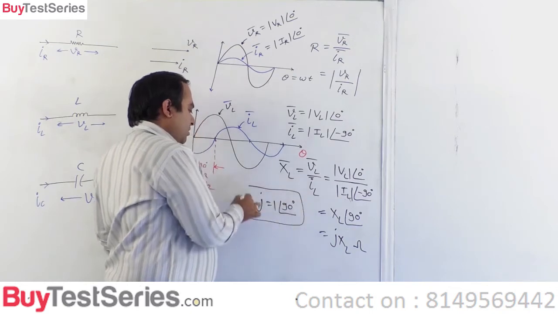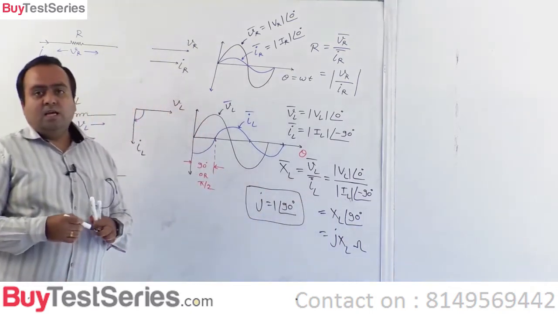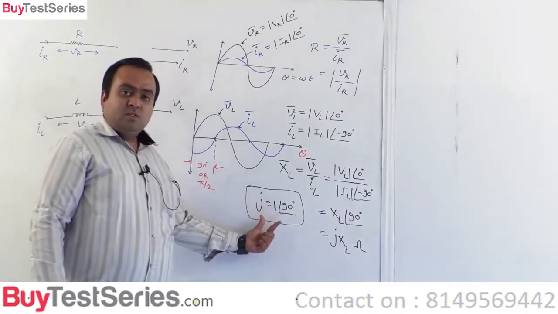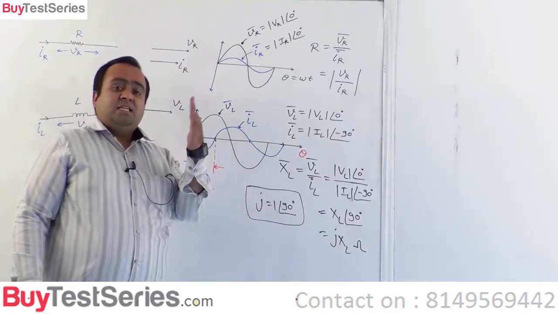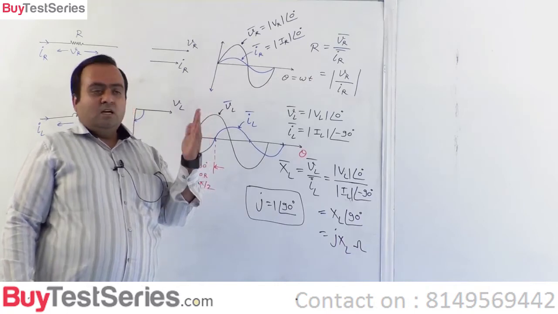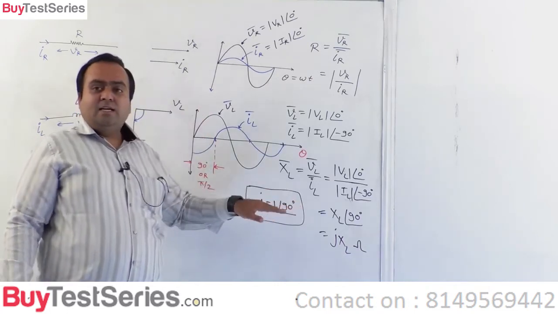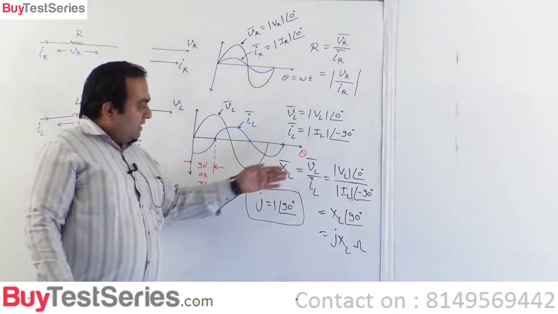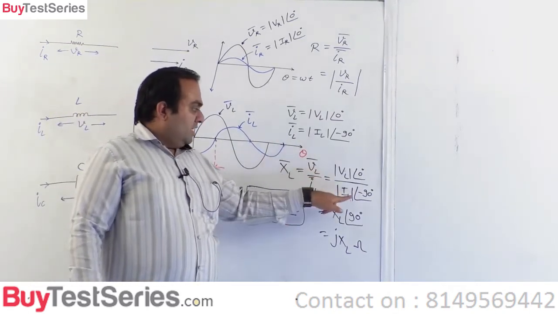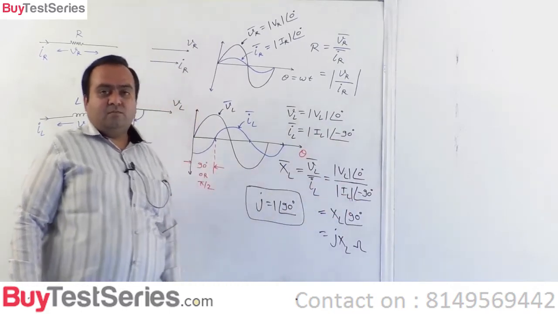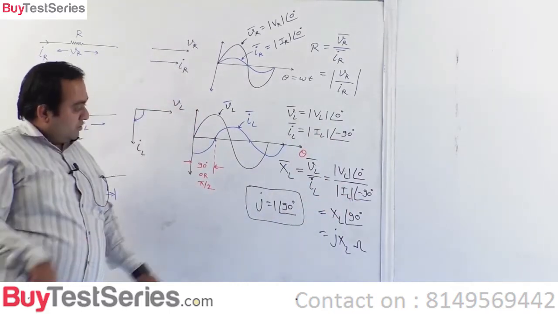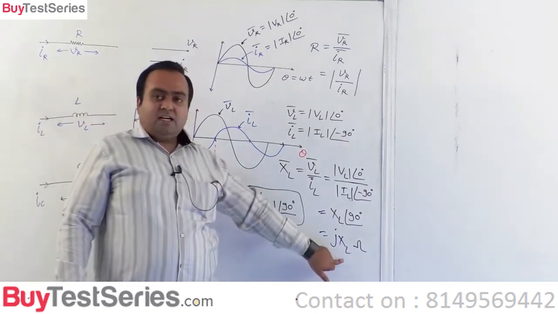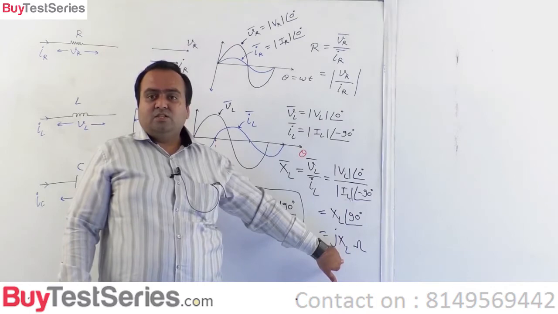So when you multiply any phasor by j, that phasor gets rotated by 90 degrees in the anti-clockwise direction, because the magnitudes get multiplied and the phases get added when you multiply. When you divide, as you all know, the phase of the denominator gets subtracted from the phase of the numerator. So j is 1 angle 90 degrees, it is an operator. So with an inductive reactance, always we have this j.